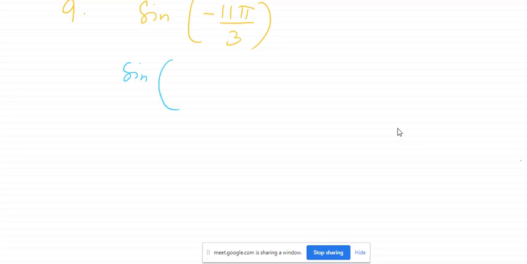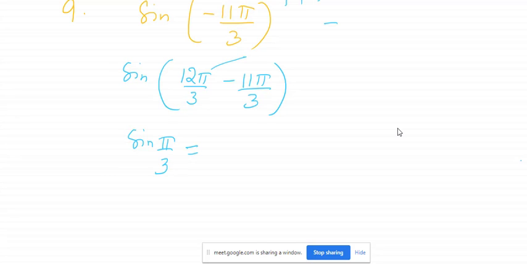So you can write it as 4 pi, that is 12 pi by 3, minus 11 pi by 3. What I did was add 4 pi to this angle. So you get sine pi by 3, and sine pi by 3 is root 3 by 2.